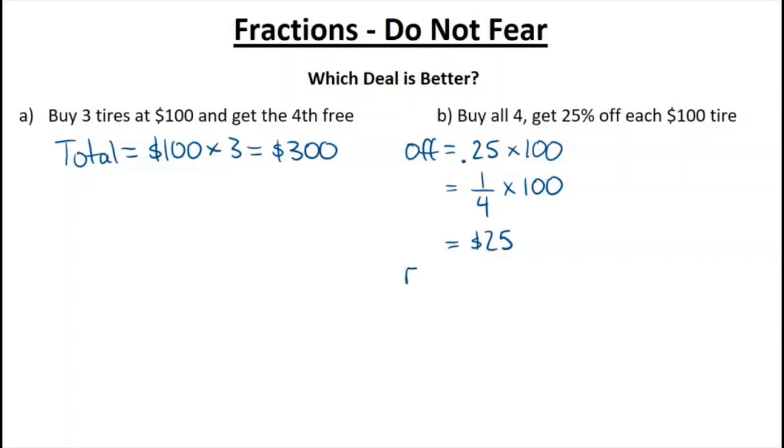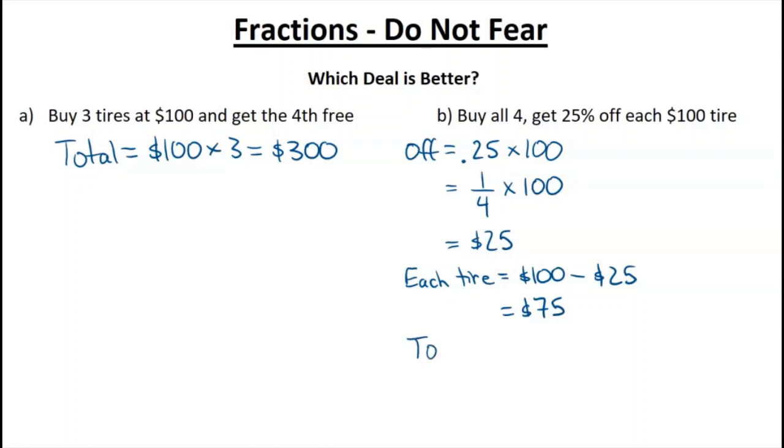So that means each tire is $100 minus $25. Now some of you who are really keen on this recognized that if it's 25% off, then you're paying 75% of the price. So you know you're paying $75 per tire. And you did that directly. Regardless of how you get to the result, the cost per tire is $75.